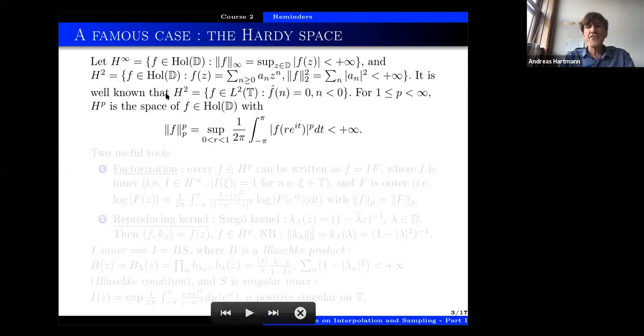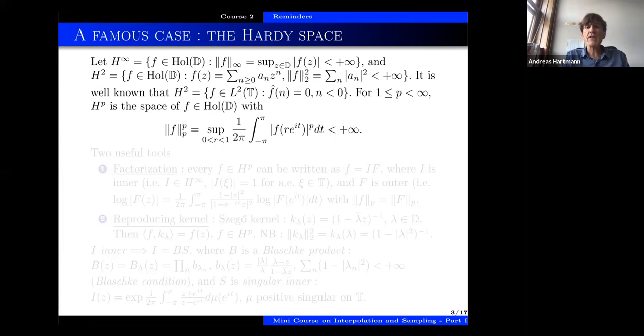It's known that functions in the Hardy space admit non-tangential boundary values almost everywhere. And so you can give a sense to these functions on T, the circle, which is the boundary of the unit disk.